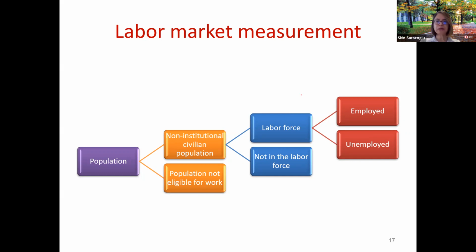Now, people who are eligible for work can be categorized into those who are in the labor force and those who are not in the labor force. People who are in the labor force will be those who are actually gainfully employed, and those who are waiting to be employed. Those are the people who are unemployed and actively looking for a job.